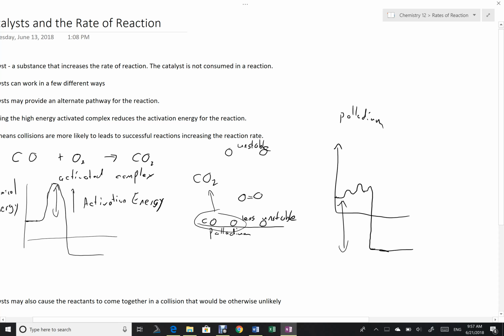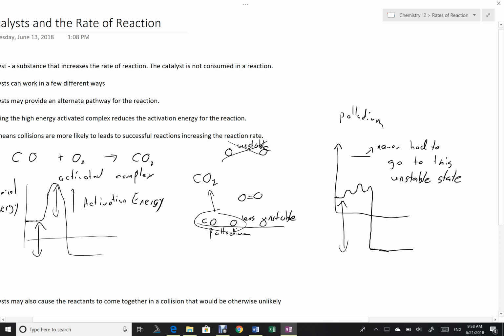The overall change in energy here would be the exact same, but we never had to go to that high energy activated complex state. The palladium here provided a surface for this to happen without going there.